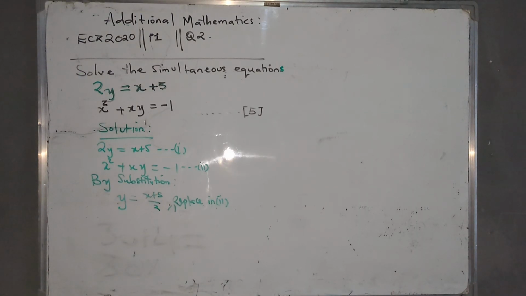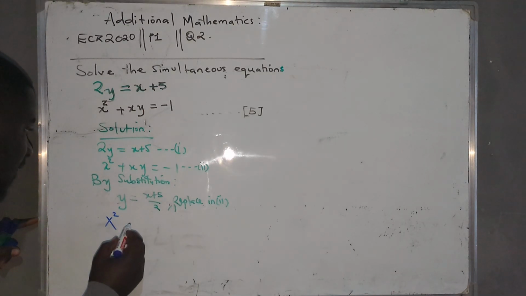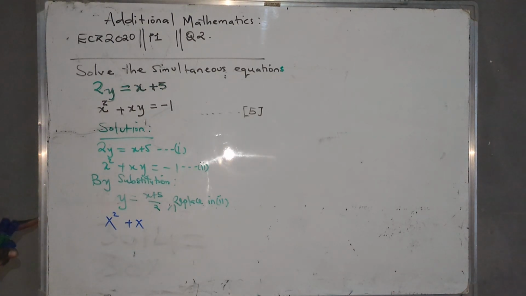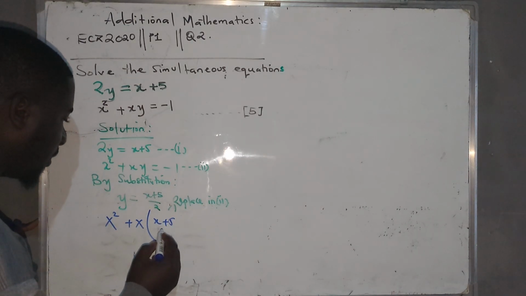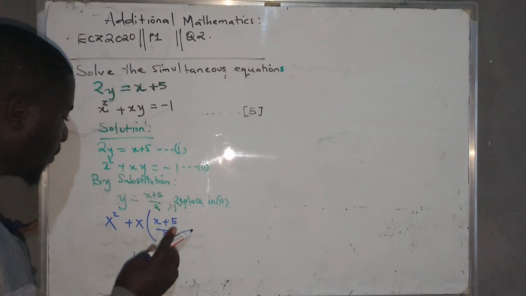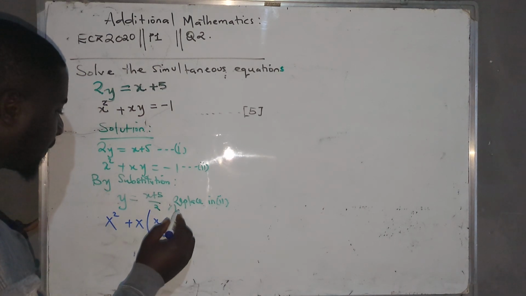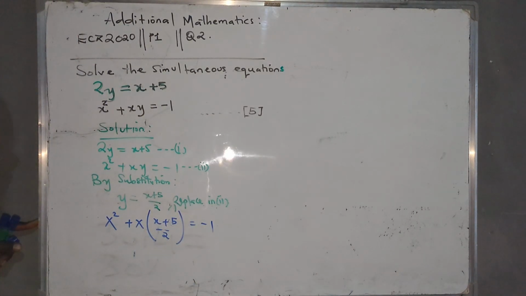And then after replacing, what do we get? So 2 is x squared plus x. Right, so where there's y, we're going to put what we found here. So we're going to put x plus 5 over 2. Which is equal to negative 1.